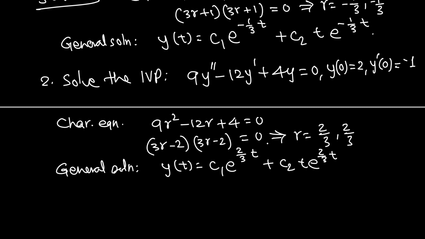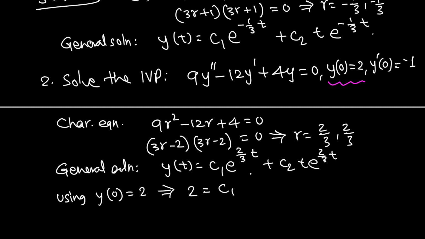Now using these initial conditions we can find the values of c1 and c2. Let me use the first, y at 0 equals 2. So y is 2 when t is 0. So this is c1 times e raised to 0, which is just 1.